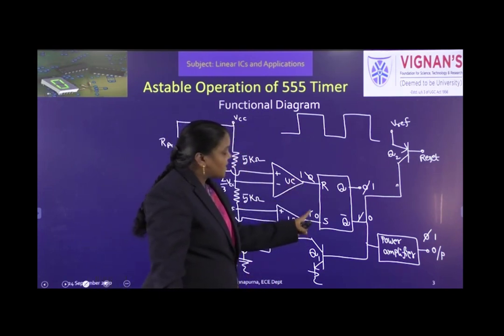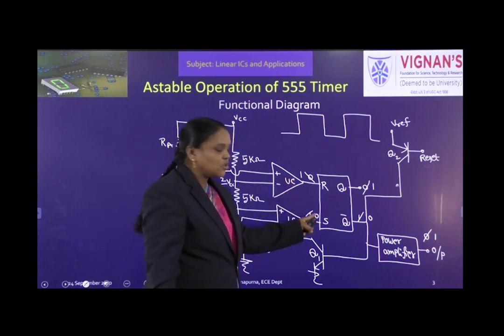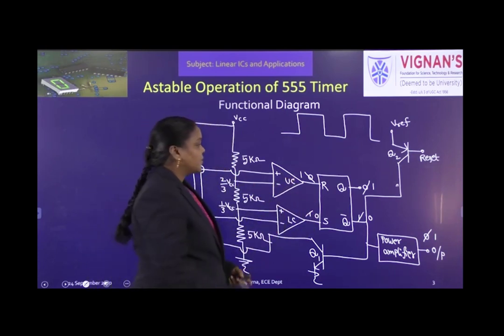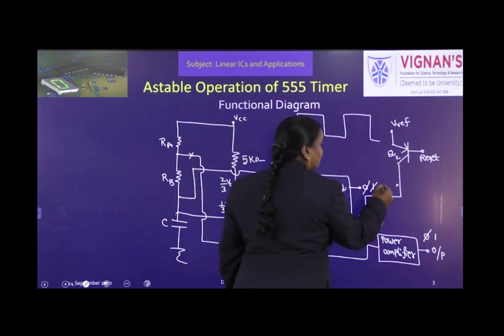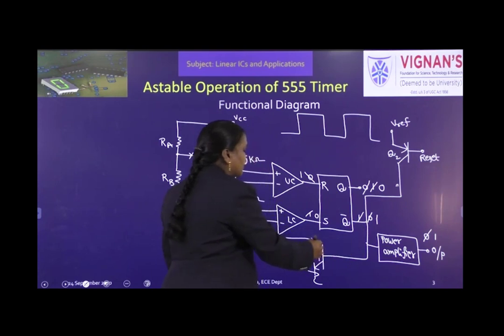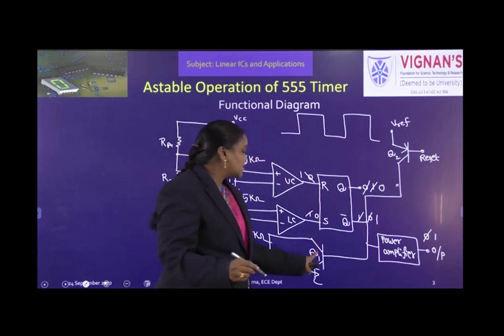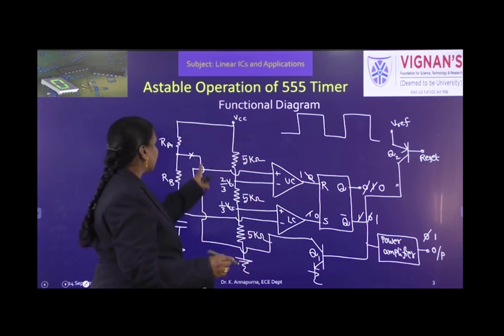So for this combination of inputs, what is the output? R1, S0 means it resets the flip-flop. So resetting means output becomes 0. So Q bar becomes 1. And it is 1, which means this transistor will be in on condition. So this transistor is in on condition, what happens?